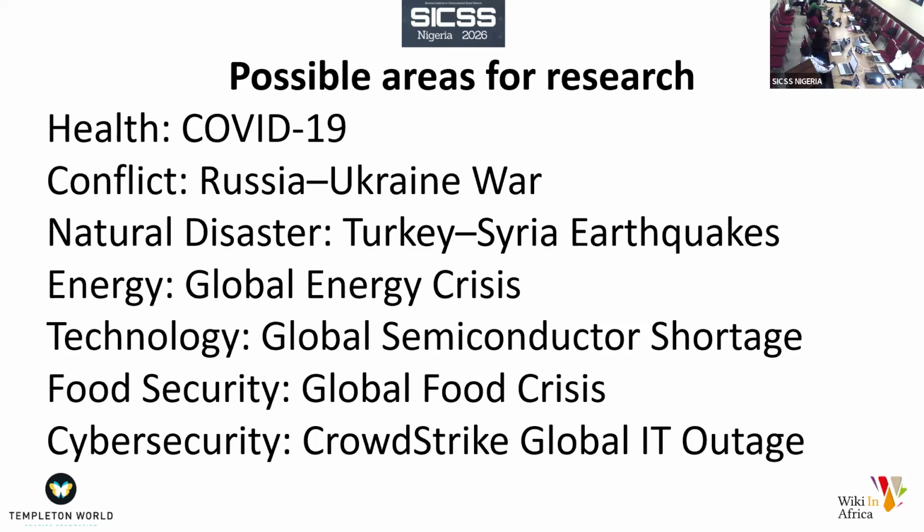So please, these are just very few examples. I heard you mention the environment and everything. The Prof talked about health; he has interest in health. These are just about 7 different areas. We have food security, cyber security, technology, conflict, for example the Ukraine and Russia war, US and Iran. We have natural disasters, earthquakes here and there.